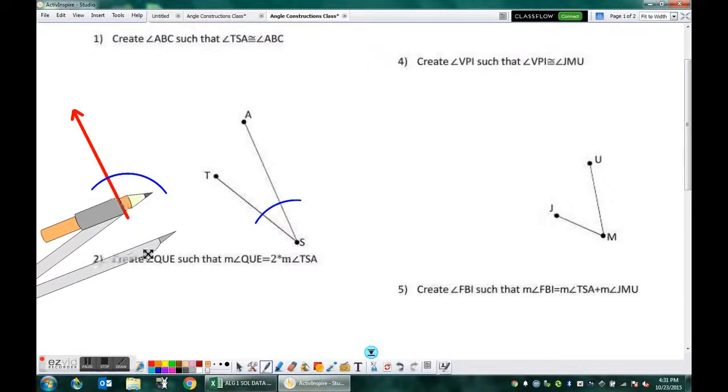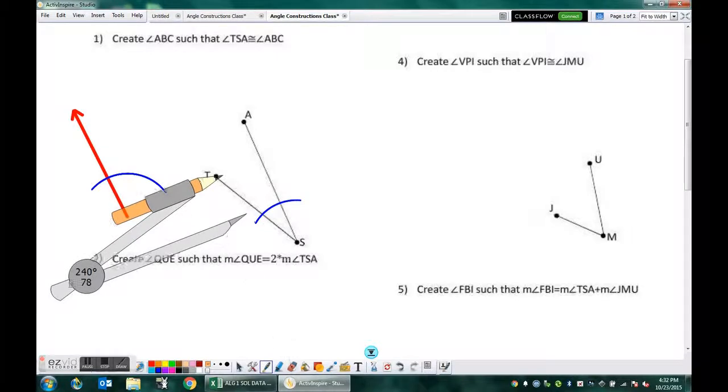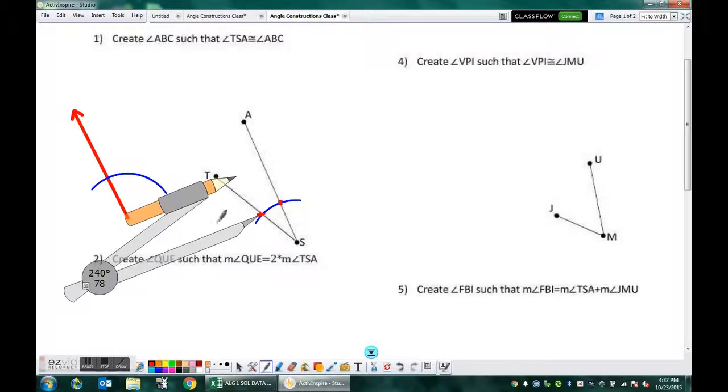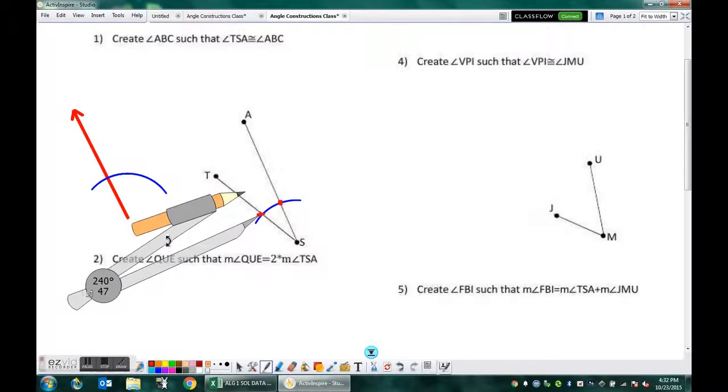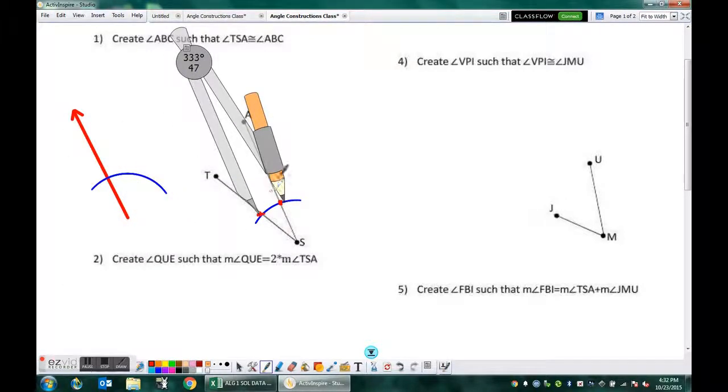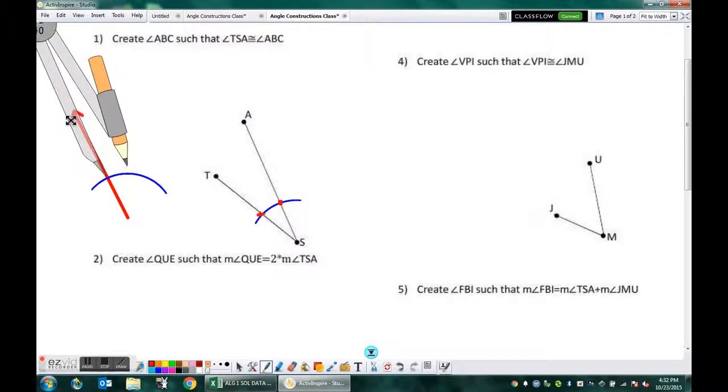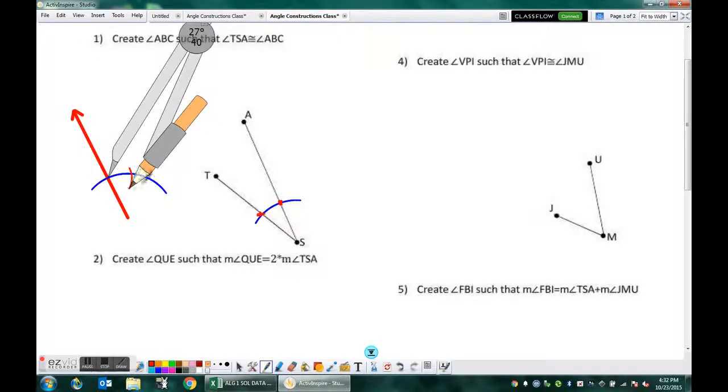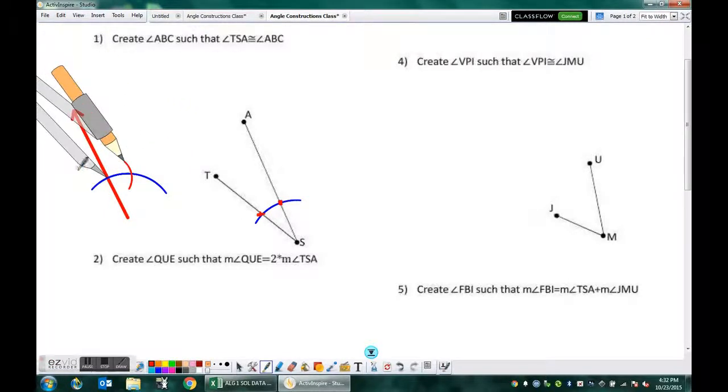The last step is to use your compass to measure between the two intersections we made earlier. So I put my sharp point on one of those intersections and my pencil point on the other. I'm just measuring between those two with my compass. Then I move and put my sharp point on the only intersection I have so far on the new angle, and swing my compass, and it should make a little X.